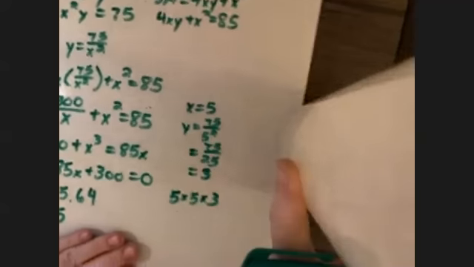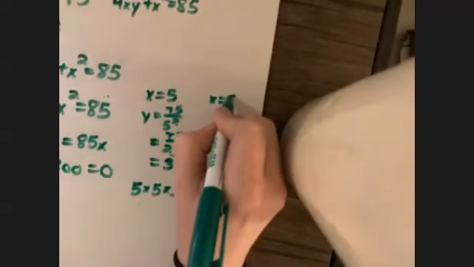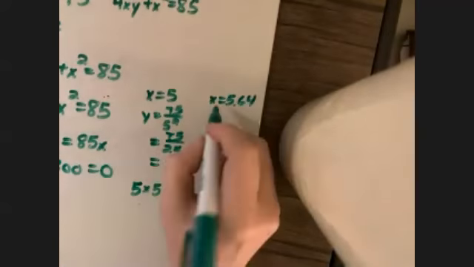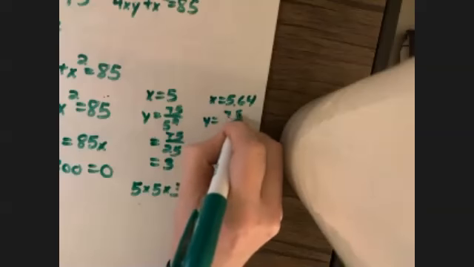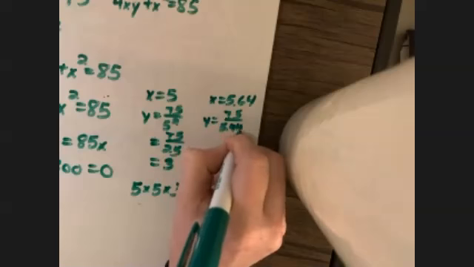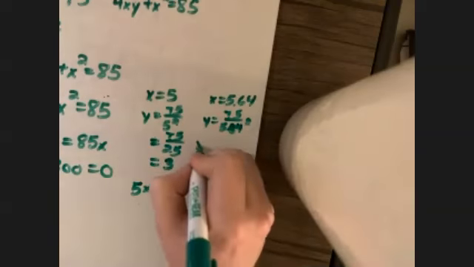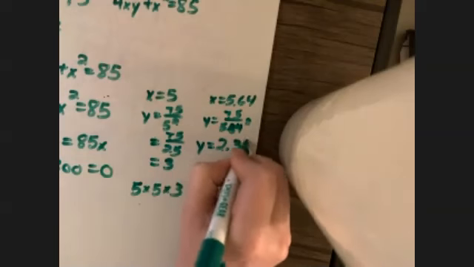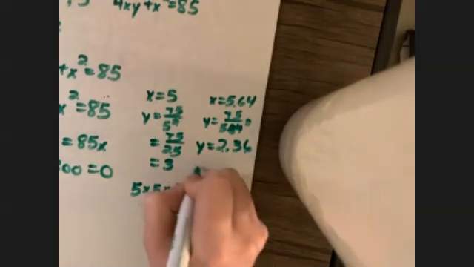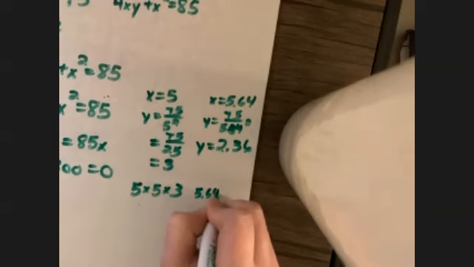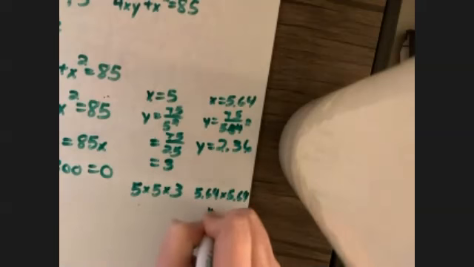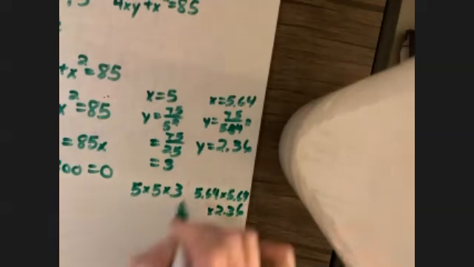Now, if x is that 5.64 number, we're going to have that y is 75 over 5.64 squared, and we get that y is going to be 2.36. So then my dimensions would be 5.64 by 5.64 by 2.36. So we've got 2 options there.